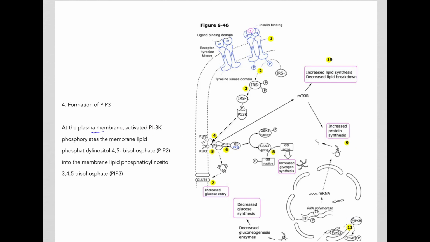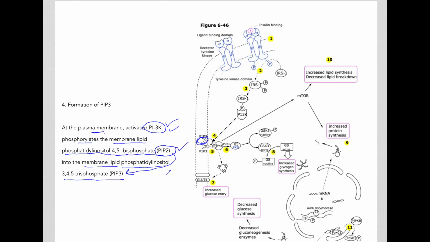Now, when the enzyme arrives at the plasma membrane, the PI3K will now phosphorylate a membrane lipid that is called phosphatidylinositol 4,5-bisphosphate, or PIP2. So we have this PIP2 in the membrane, and this enzyme will add a phosphate to PIP2 because this enzyme is a kinase, and the PIP2 will be converted into another membrane lipid called phosphatidylinositol 3,4,5-trisphosphate.